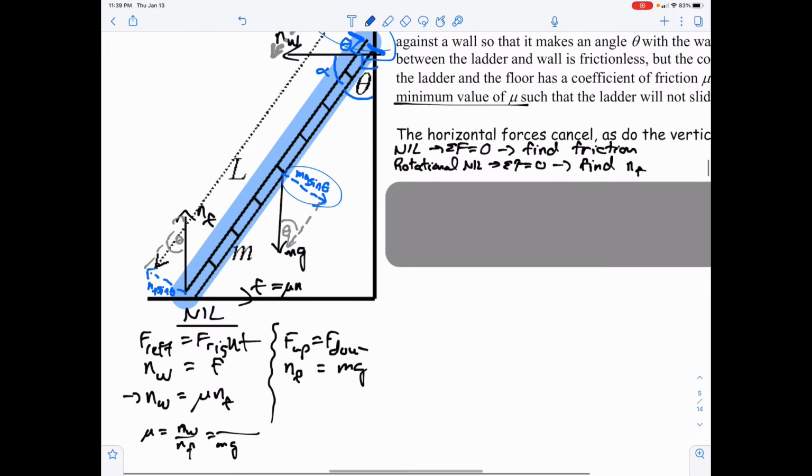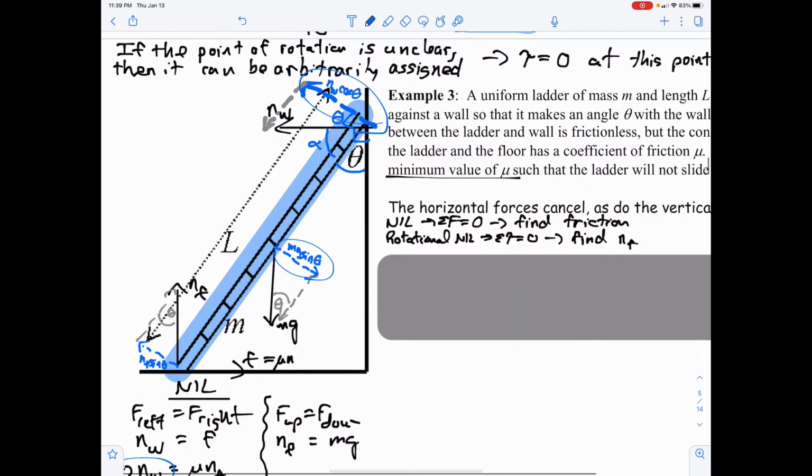Ultimately, we're looking for the normal force on the wall, so we have to find and use that torque, which means this end cannot be considered the point of rotation because you're looking for the normal force of the wall.